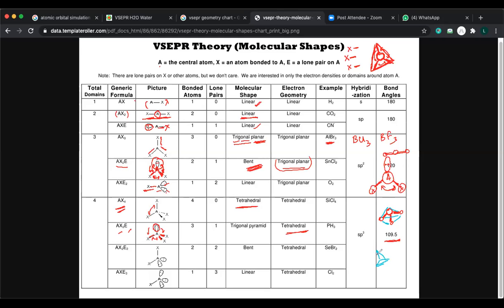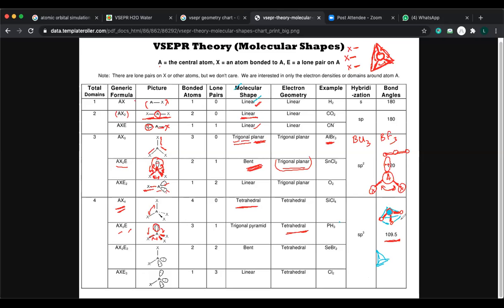But this is if I don't consider lone pairs. Should we consider lone pairs? No. In molecular shape the lone pair belongs to this atom only. It's not occupying any extra shape here. So in molecular geometry you don't consider the lone pairs. In electron geometry you consider where all the electrons are, so you will say it's this thing.